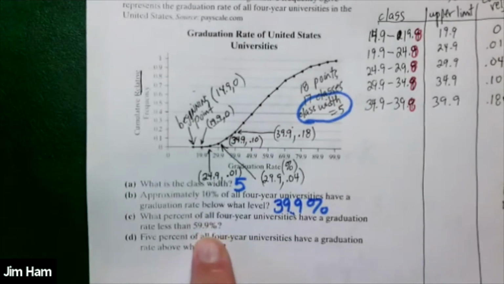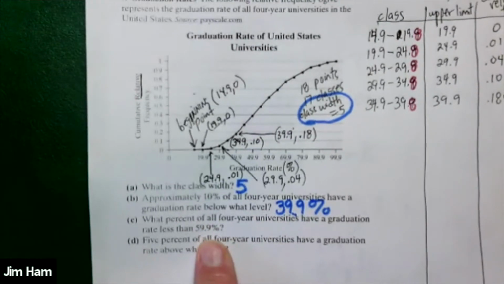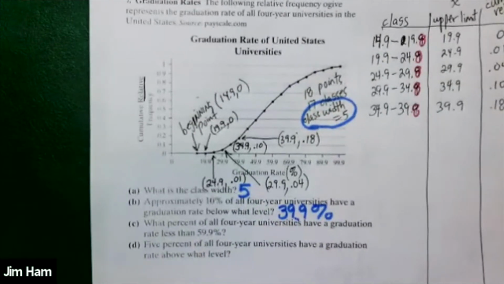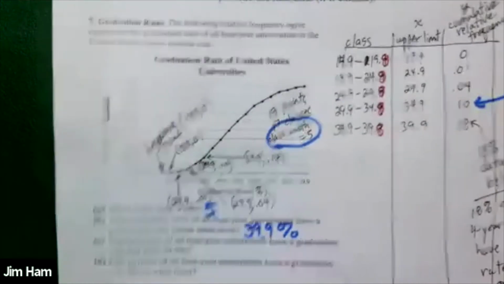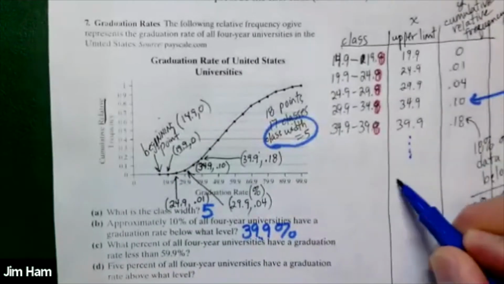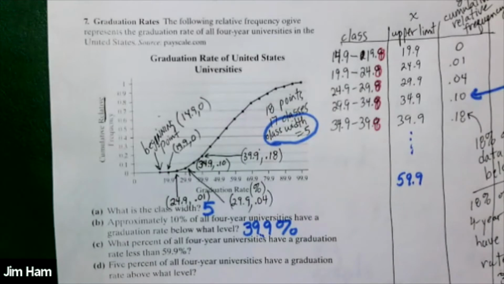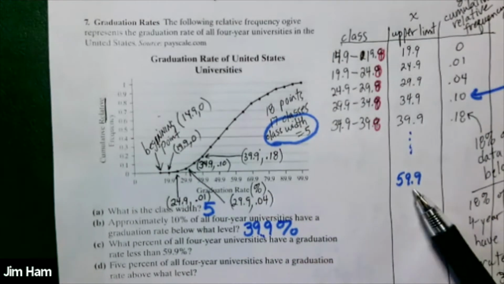All right, next one. It says, what percent of all 4-year universities have a graduation rate less than 59.9? Now, eventually, you would hit 59.9 in that list. It's down a few classes. But what we can do to use the graph to answer that question is to find the point that corresponds to 59.9. So we go over to the graph.